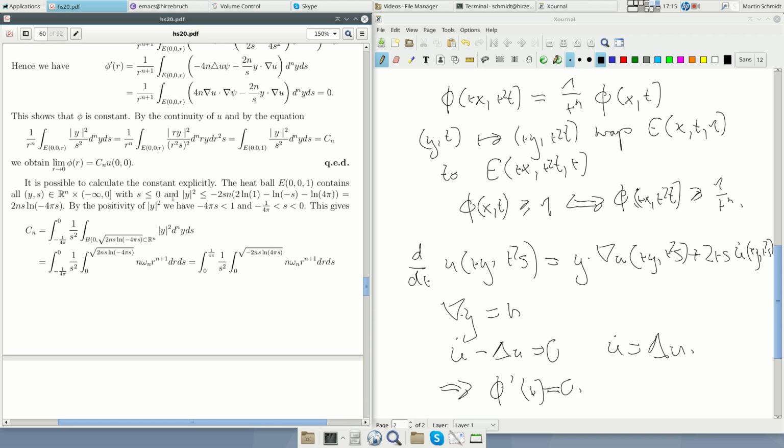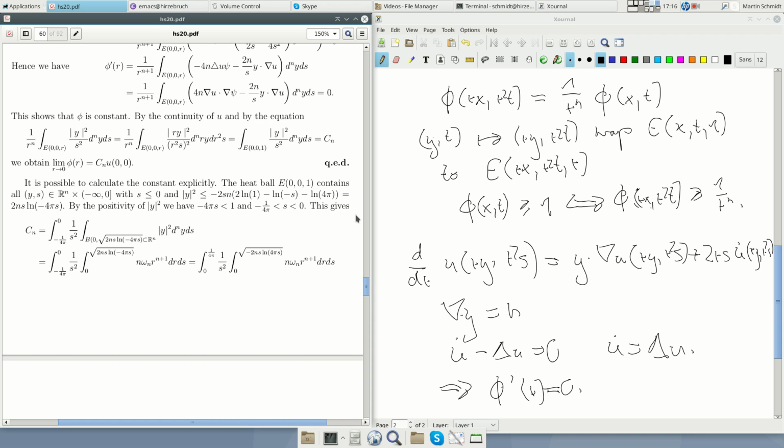Also by the integration, the set where this is 0 is clearly a set of measure 0, so we can restrict to the points where y squared is really positive. And by this inequality, this has to be positive, and this means this has to be smaller than 1. So this means s is smaller than 0 and larger than minus 1 over 4 pi.